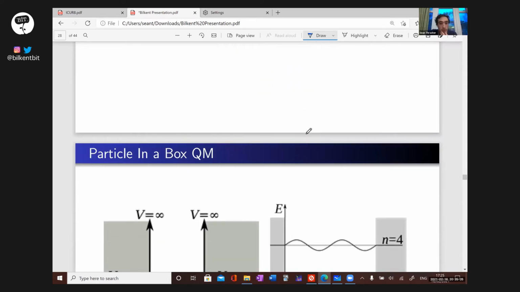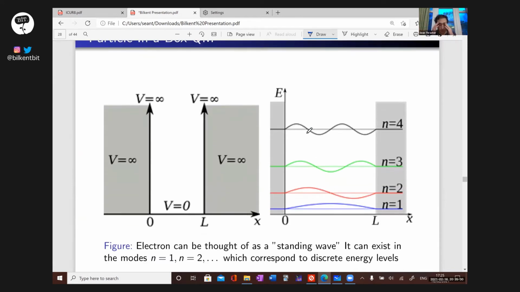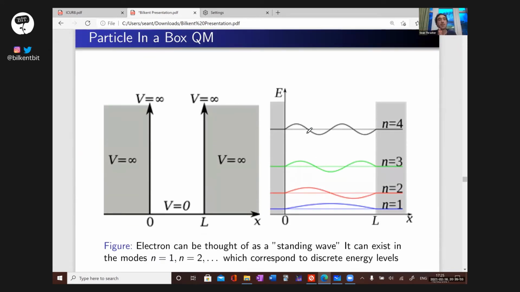Now you might be wondering, from a physics perspective, what does this all mean? This comes from the idea of a particle in a box. You have to think of electrons as being particles and also sometimes waves as well.